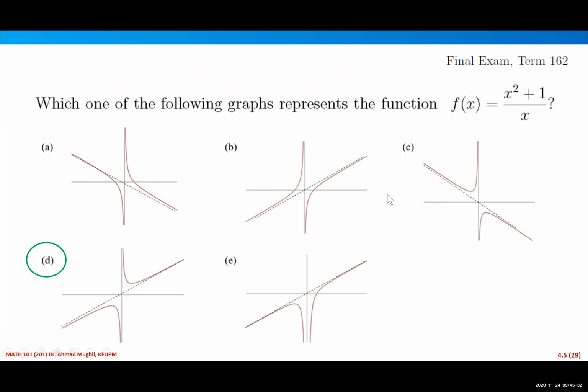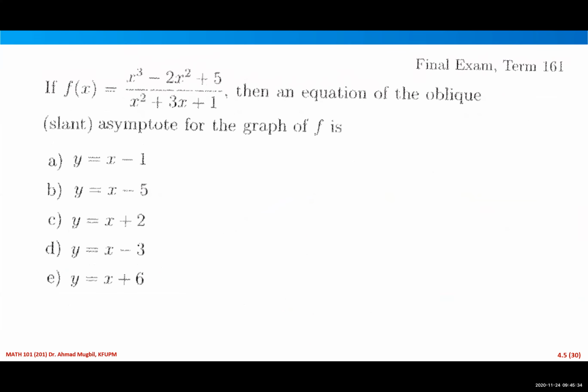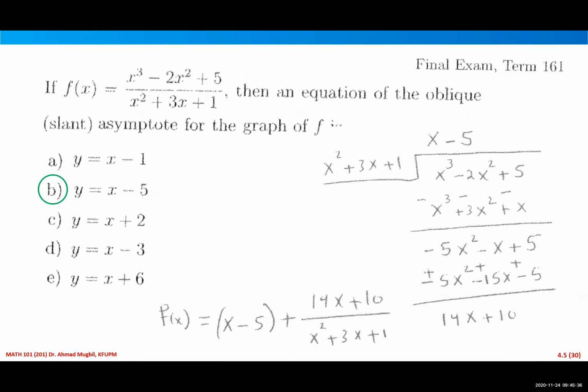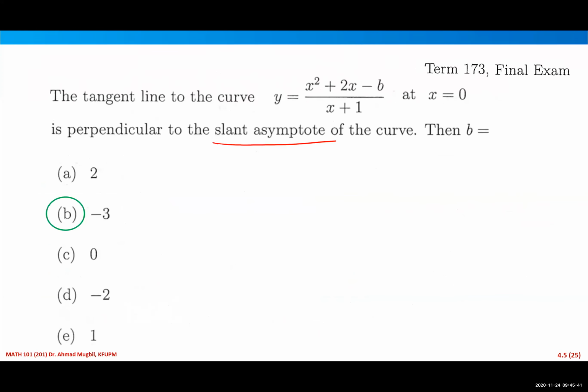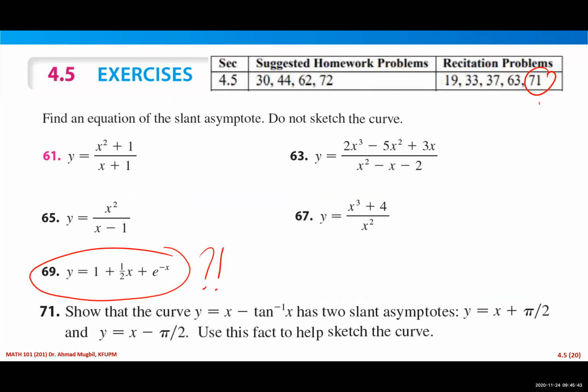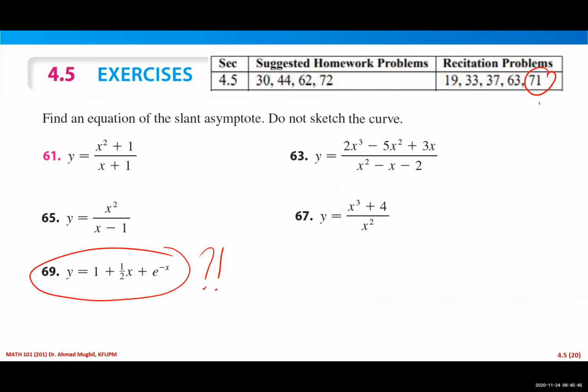So we can even ask you issues like that. Let's go back to the exercise that I told you about. Now, how to find the slant asymptote of this? Any idea, shabab? Remember what we said about the slant asymptote.